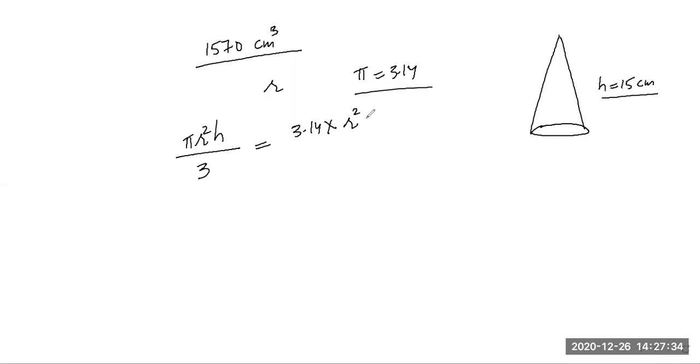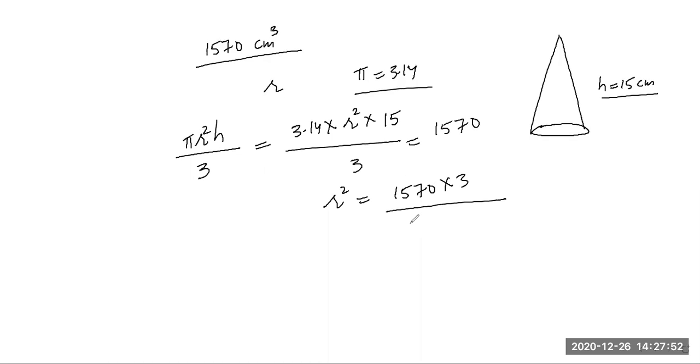So r square into h. h is given, that is 15, divided by 3. So that is equal to 1570, right? So r square will be equal to 1570 into 3 divided by 15 into 3.14, or you can say 314 into 100. You can write like this also, right?